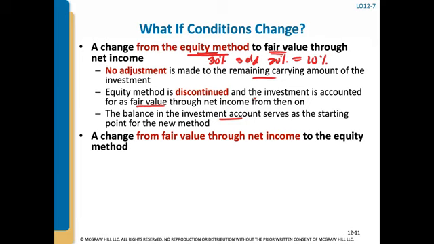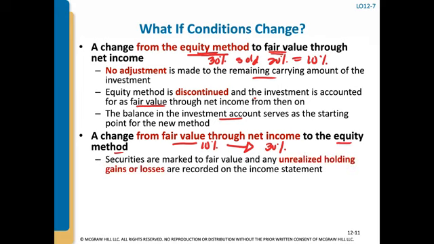Now, what if a change happens from the fair value to the equity method? So let's just say we own 10%, but then we buy 20% of that company's stock. So now we own 30% and are considered to have significant influence. We need to change it from the fair value method to the equity method.